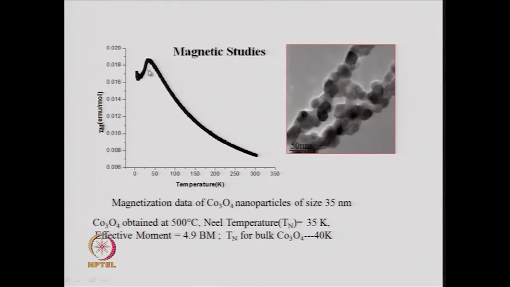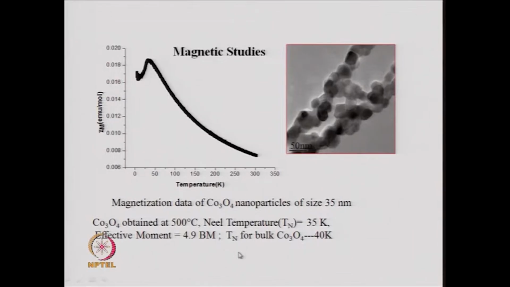So, it is around 35 Kelvin that this transition occurs, and in the bulk the effective moment is around 4.9 Bohr magnetons, which tells you that it should have around 4 unpaired electrons, right.